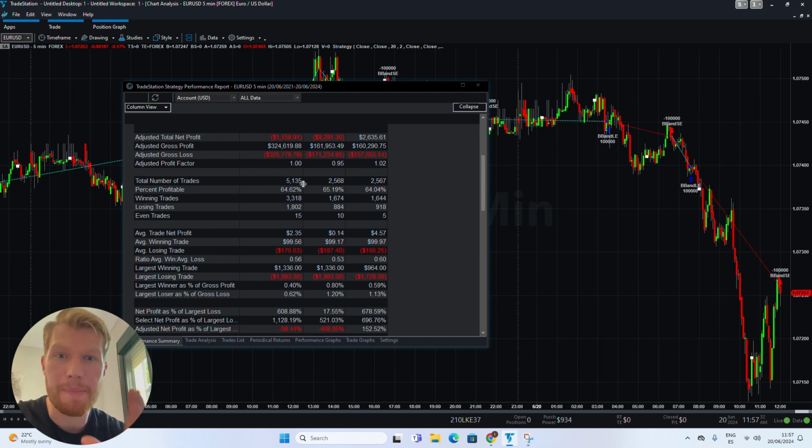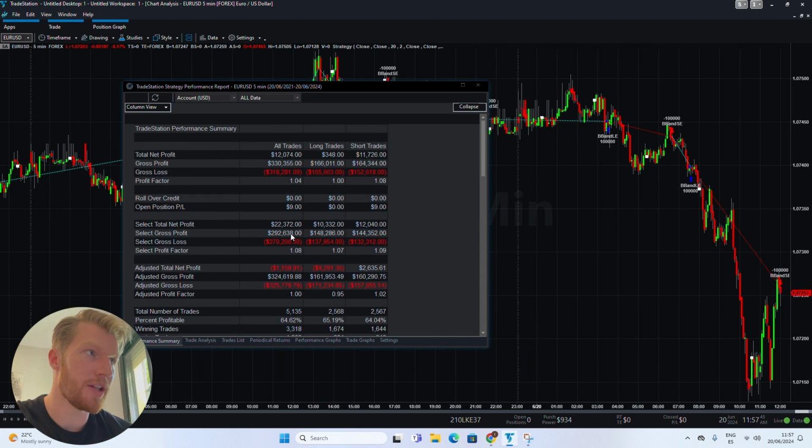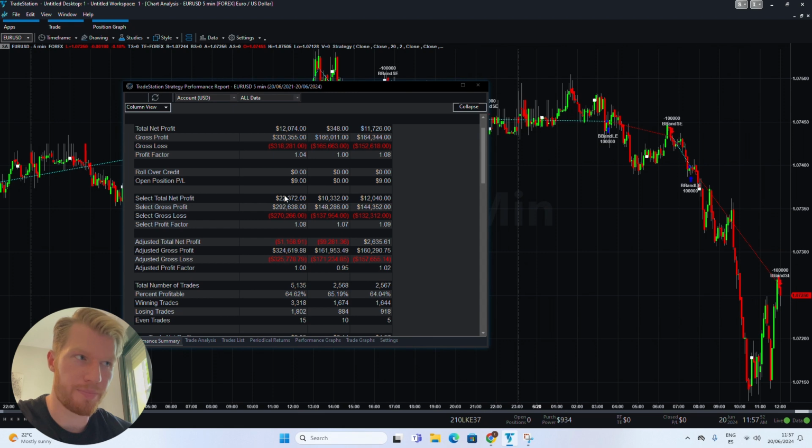So you can see the power of coding and automating your strategies, because I have 5,000 data points across 3 years to conclude meaningful things from this strategy. Now, this strategy is actually profitable. You can see the profit factor isn't very good. It's not a very good strategy, right?